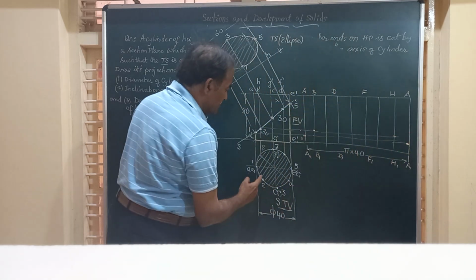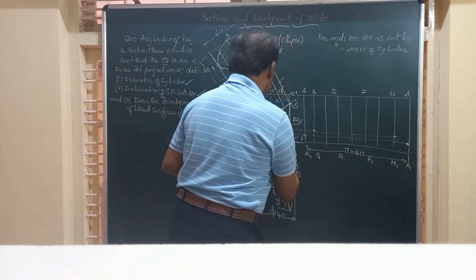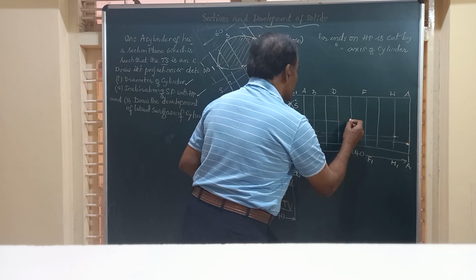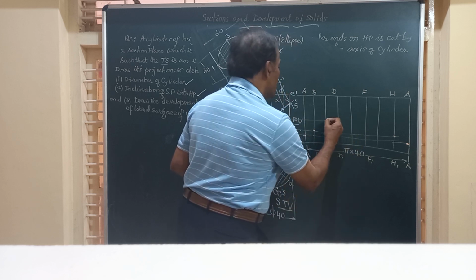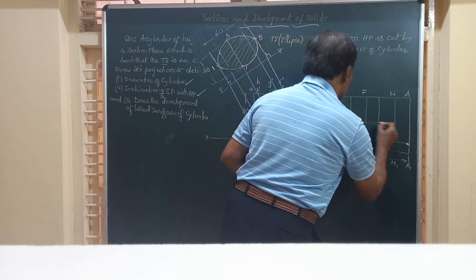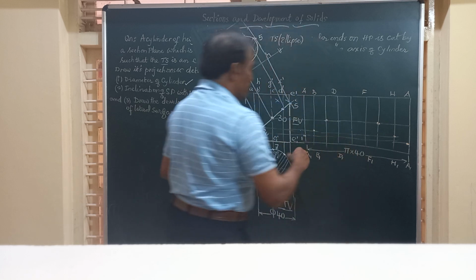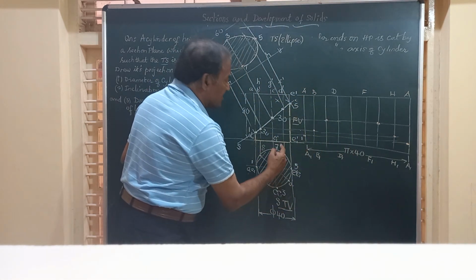So friends, next comes 3 and 7, from the midpoint. So this is 3. Now we got 1, 2, this is 3, and similarly 7 friends. So this is our point 7. We'll mark later on. Then friends, this point 4 and 6.